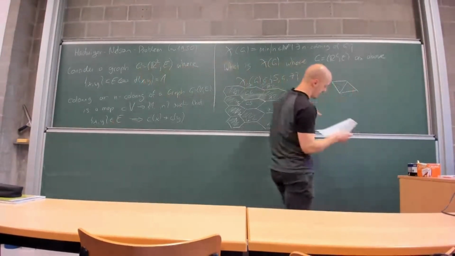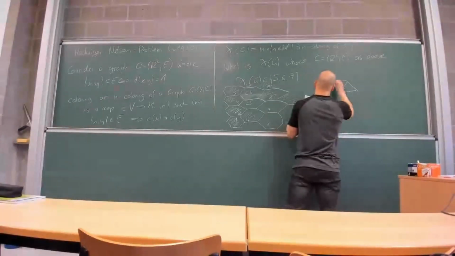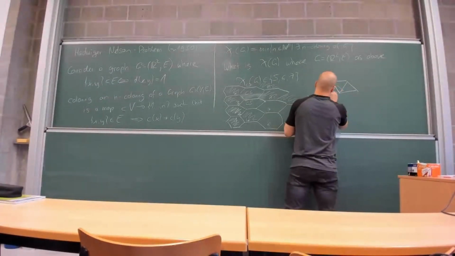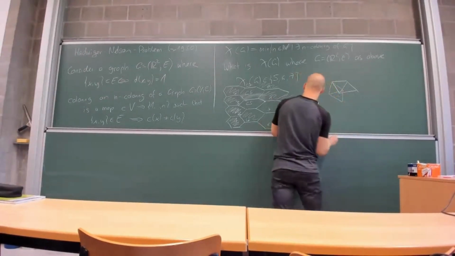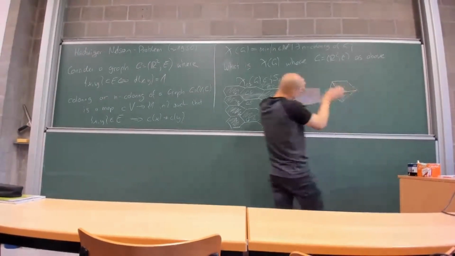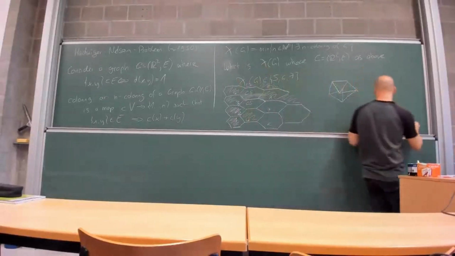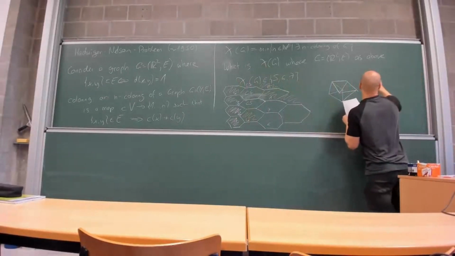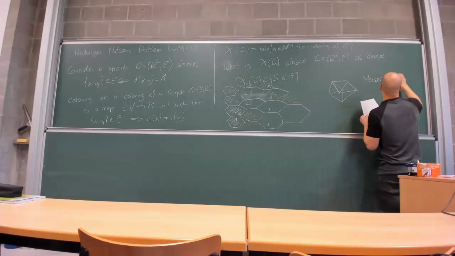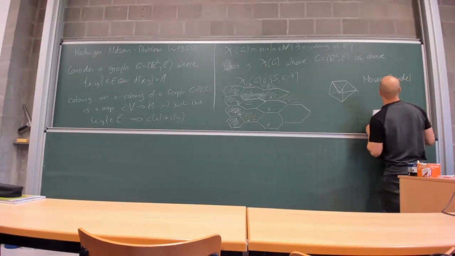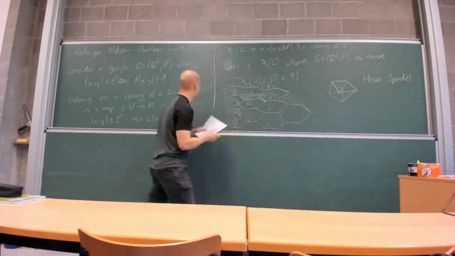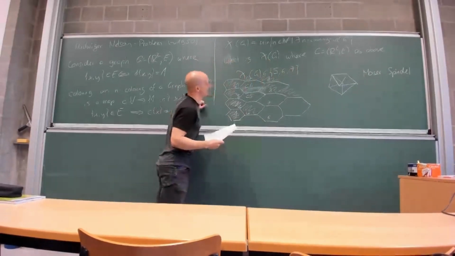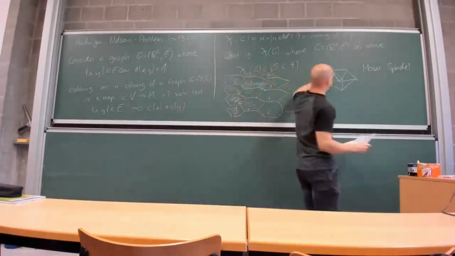Each side of the triangle has length 1, and another triangle sitting over there. Something like this. If you're interested, you can Google it. This is the German name, Moserspindel. I don't know what Spindel means in English.